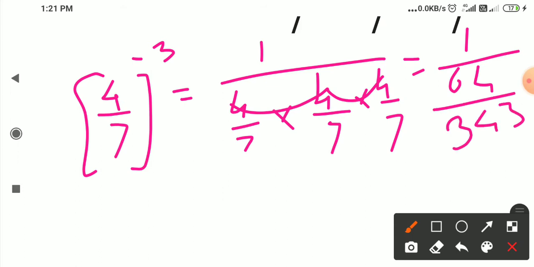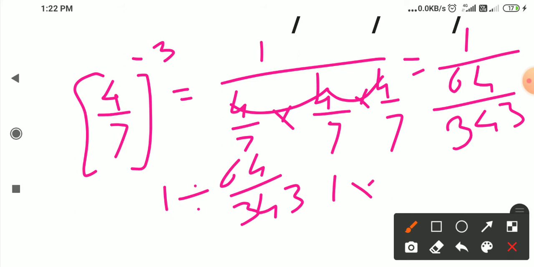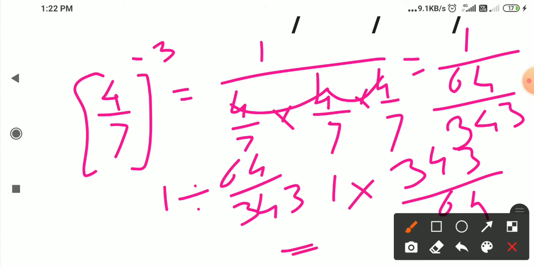And this means 1 divided by 64 upon 343, and taking the multiplicative inverse, we get 343 upon 64. If it is divisible, divide it. If it is not divisible, just keep it as it is. Okay, and 343 is the cube of 7, upon 4.